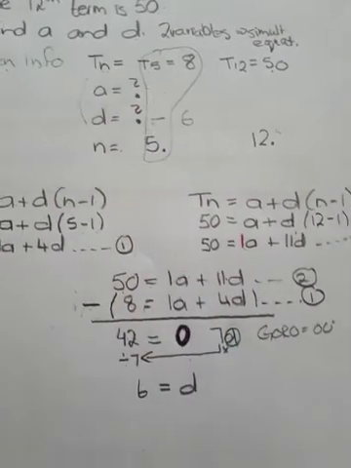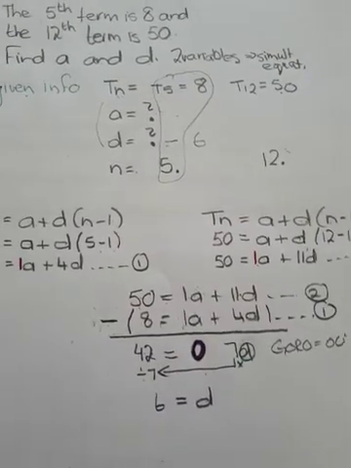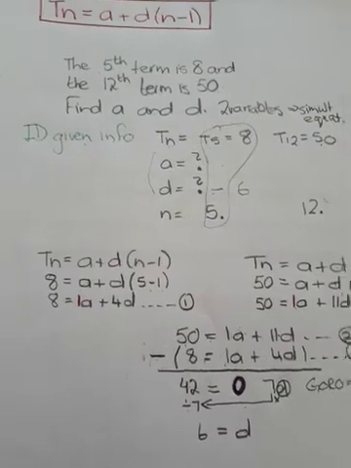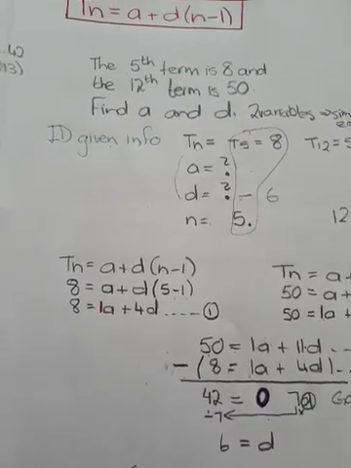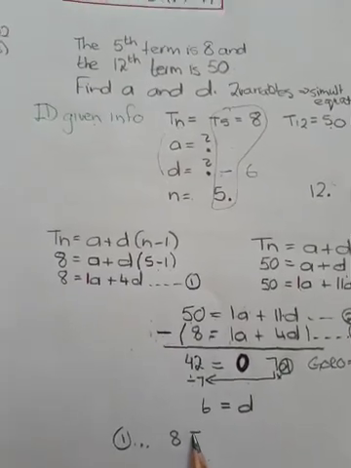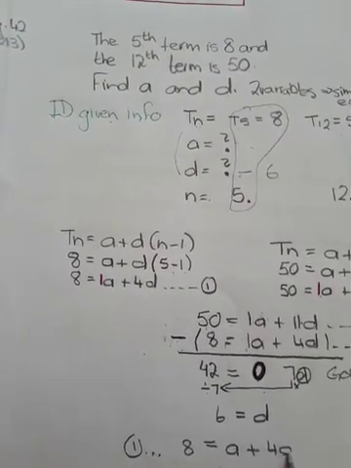So that's now easy. I take either one of these equations, let me take the one with the smaller digit. So I take equation 1, which is 8 equals A plus 4D.